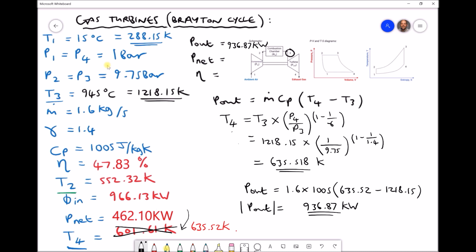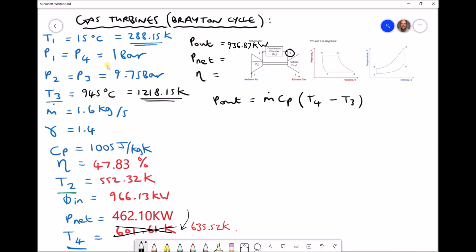So next then, we need to calculate our net power. So let's clear some space and then we'll look at our calculation for net power. So we've seen this formula previously. We know that P net, the net power output or the useful power output, is the magnitude of P out, which is the output from our turbine, minus P in.